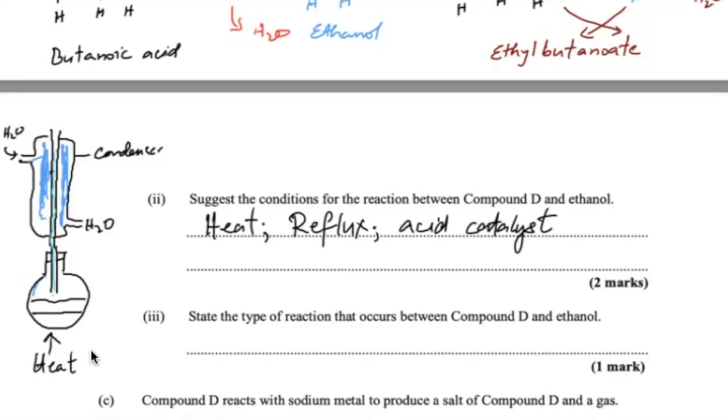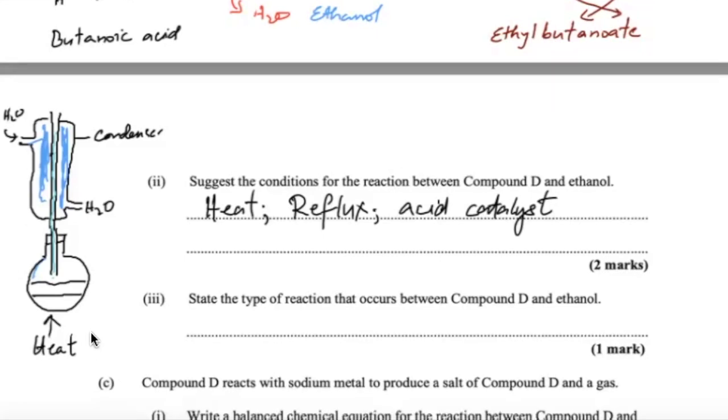Then they ask us in part 3 to state the type of reaction that occurs between compound D and ethanol. Water is formed, so we call it a condensation reaction. If you give them esterification, I believe it could be accepted because it's an ester being formed. It's also a condensation reaction because water is formed.